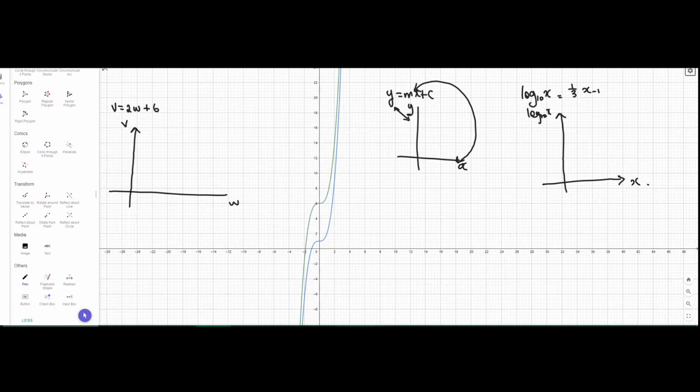It will be on the form of a straight line where this is a variable, this is a constant, this is a variable, this is a constant, just like y is mx plus c, and the coefficient of x is usually the gradient.